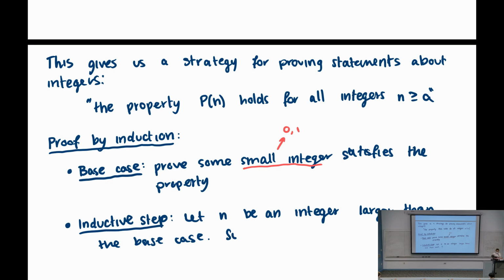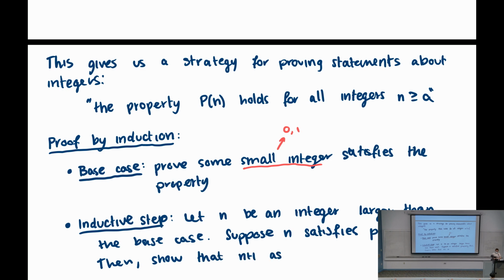And suppose that n satisfies the property P. Then you must use this information to show that n plus 1 also satisfies the property.